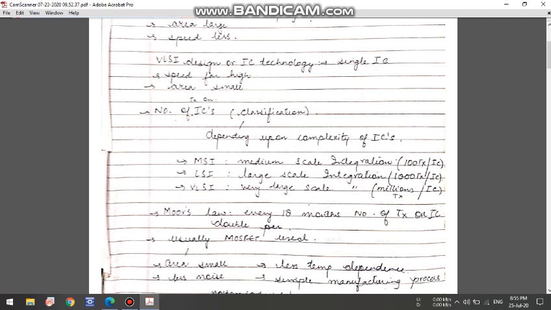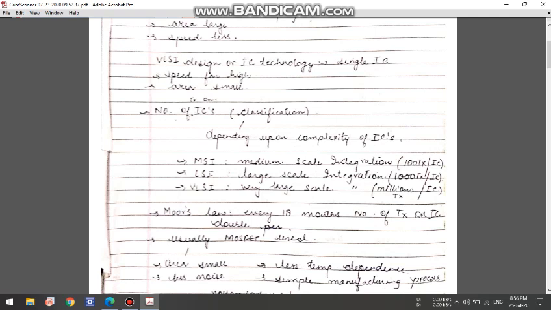Medium scale integration is wherein we have approximately 100 transistors per IC. So for example, if I have an IC with area A and I integrate 100 transistors on that IC, in that case my technology will be called medium scale integration.